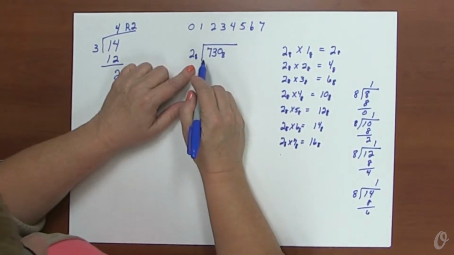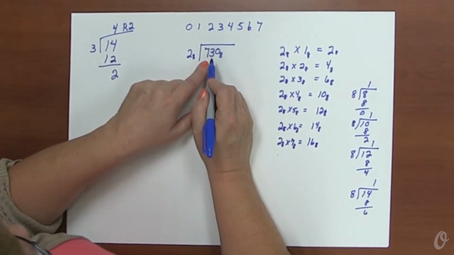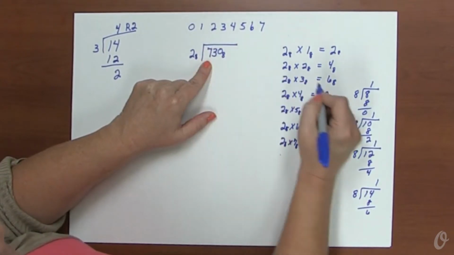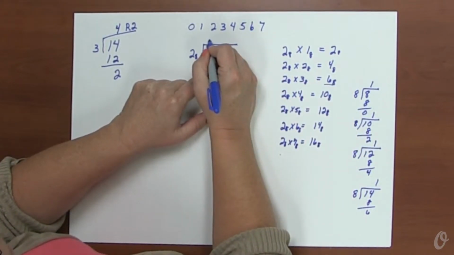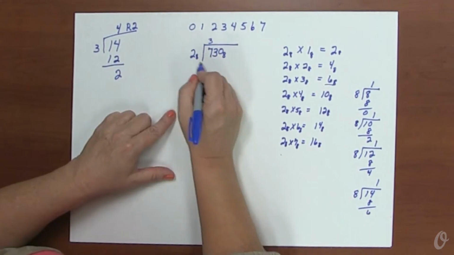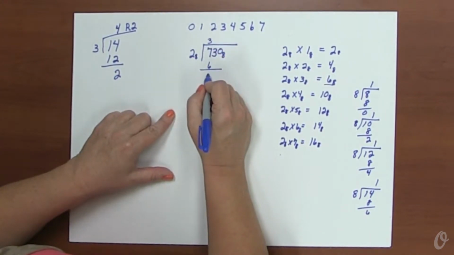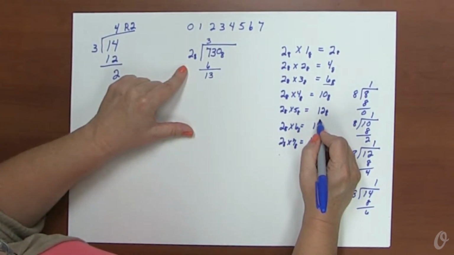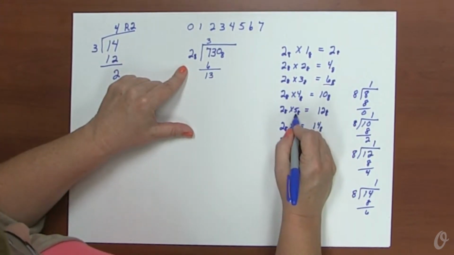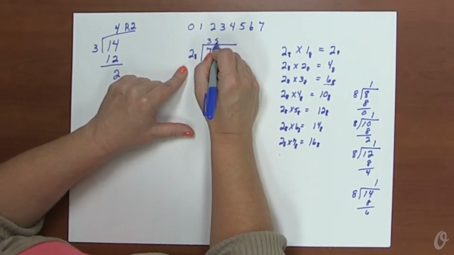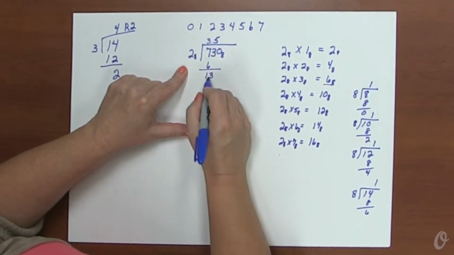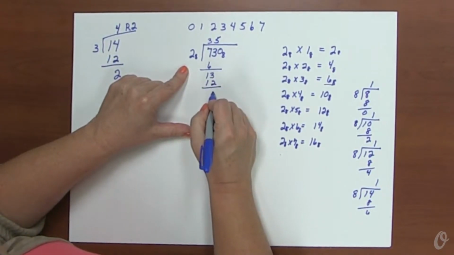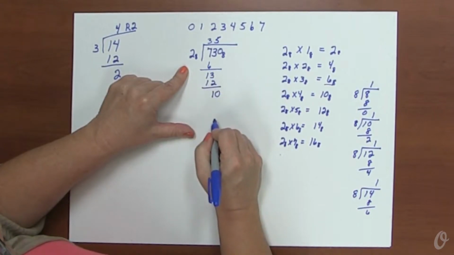Okay, now looking at my first numbers, I see that 2 is going to go into 7, and looking over here, it's going to go 3 times. So 2 times 3 is 6, and I'm going to subtract, 1. Bring down the 3. 2 goes into 13 5 times, so that's 5. 2 times 5 is 12, and when I subtract, I get 1, bring down my 0.